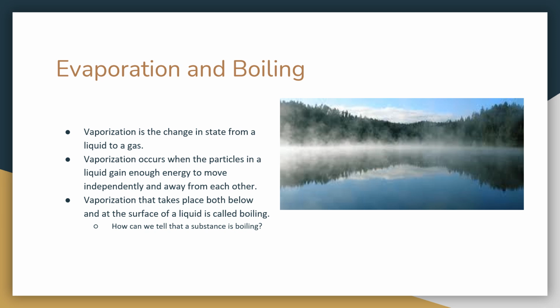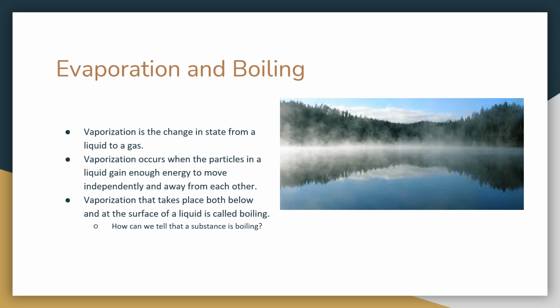Vaporization occurs when the particles in a liquid gain enough energy to move independently and away from each other. So very similar to our activity the other day when we were being the particles. It takes energy for us to walk away from the group, right? It takes energy for us to move.